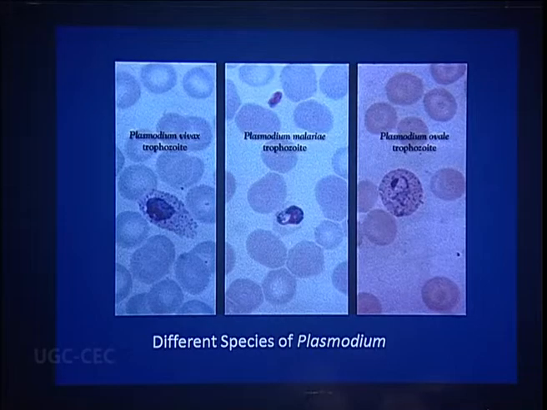So mainly the common malaria is Plasmodium vivax, which is the normal malaria or benign malaria. There may also be Plasmodium malariae, which is also called the quartan malaria. There may also be Plasmodium ovale, which is called the tertian malaria.